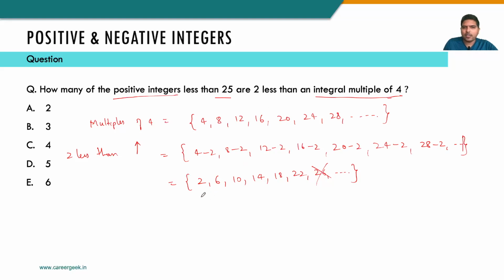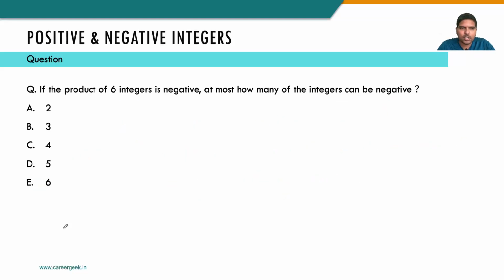We'll need to count 1, 2, 3, 4, 5 and 6. So our answer is going to be 6. There are 6 numbers that are 2 less than multiples of 4 which are less than 25.